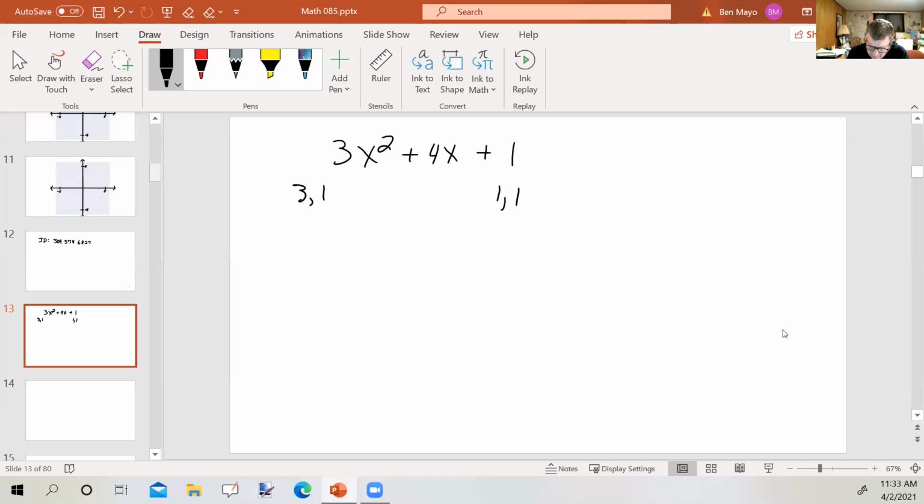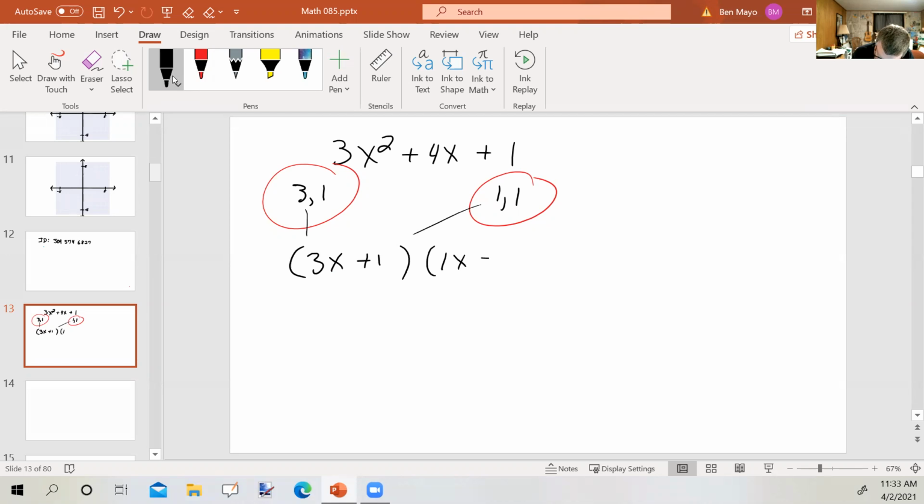Now we're going to write out all the possible combinations of two factors using these numbers in the first position and these numbers in the last position. For instance, I could have 3x plus 1, the 3 here and the 1 there, and 1x plus 1, the 1 here and the 1 there.